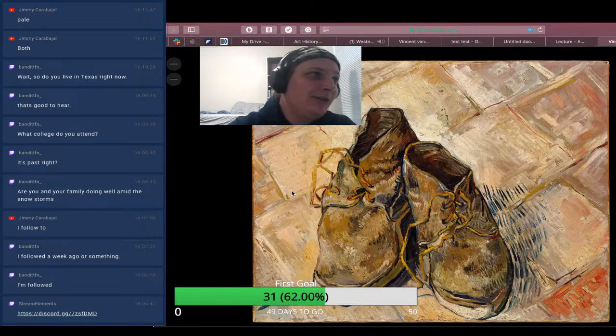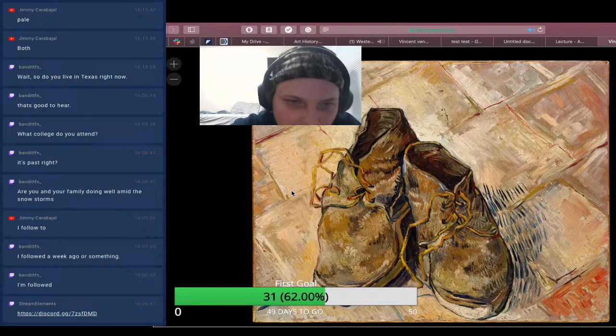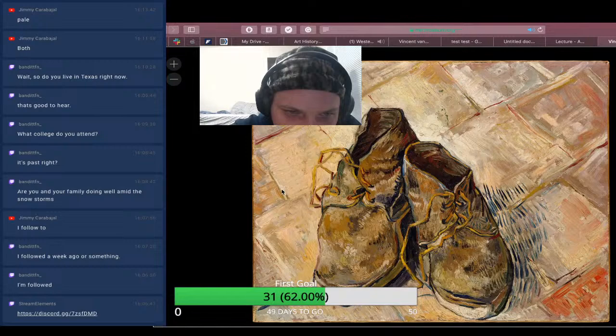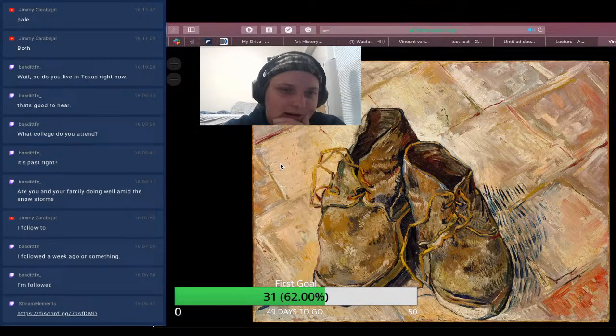Pale? Actually, pale's good. I think I'll use pale. I like that, because I think I've used tan before already. I think I said tan was the darker color on the shoes a little bit. I would say those are more like a tan brown, like right here. So I like pale, because it's almost skin.